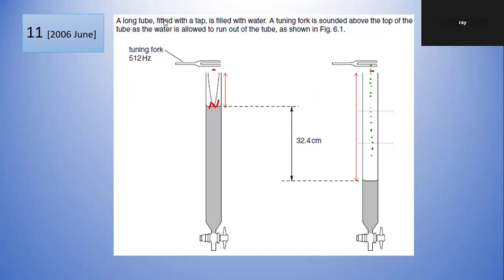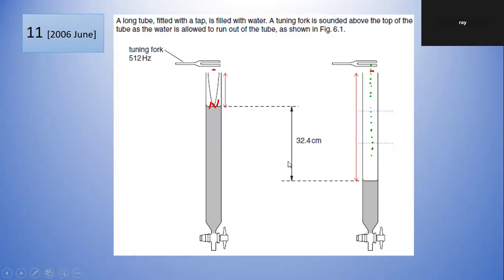A long tube. This is a past paper, 2006 June. A long tube is fitted with a tap. The tube is filled with water. The tuning fork is sounded above the top of the tube as the water is allowed to run out of the tube, as in figure 6.1.